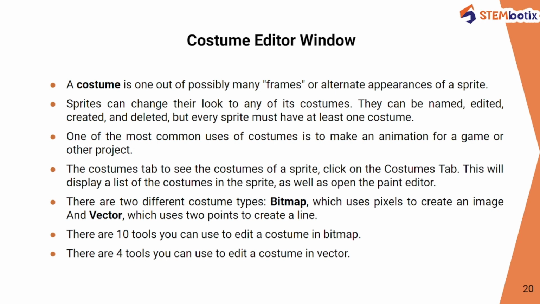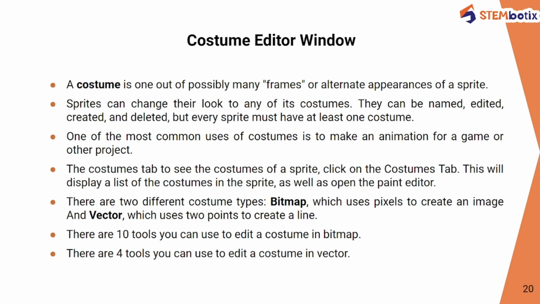So a costume is one of many frames which is already there or predefined. Sprites can change their look to any of its costumes. They can be named, edited, created, deleted, but every sprite must have at least one costume.